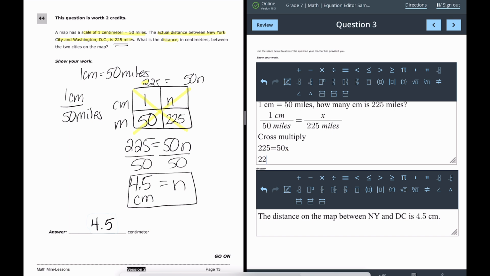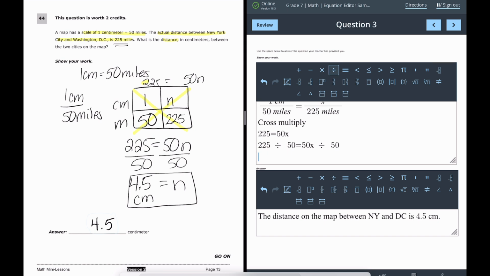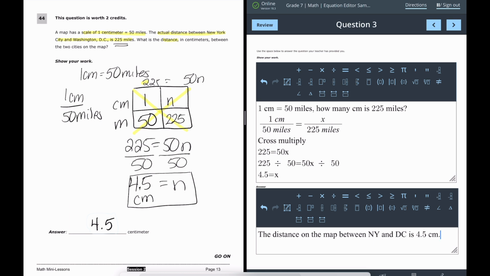So 225 divided by 50 is equal to 50x divided by 50. That's what I did. And on one side I got 4.5 is equal to x. Okay? So again, all I was really just trying to be creative and show, like, I can't make it all look the way I wanted to. Instead of getting frustrated, I tried to figure out what could I write.